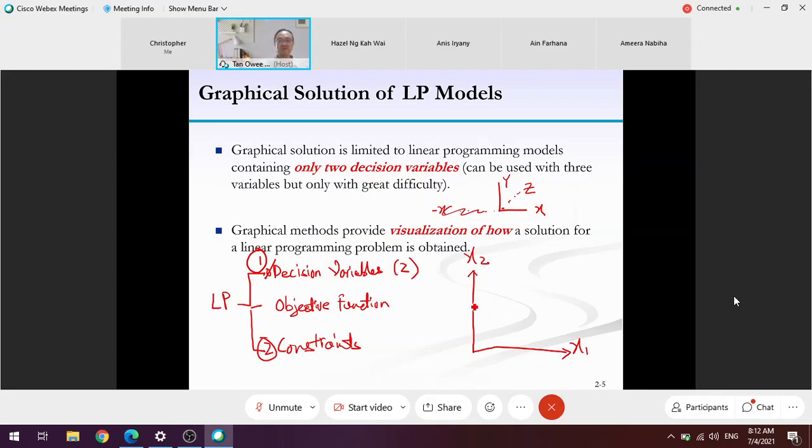If you have 1 constraint, then you plot 1. Surely you have more than 1. If you have 2, you plot both constraints. You're plotting the constraints for one purpose only. You want to find, now I'm going to introduce to you one new term. This new term I'm also going to explain to you later on.